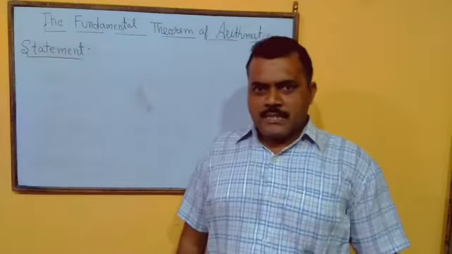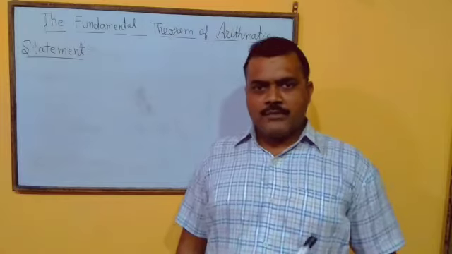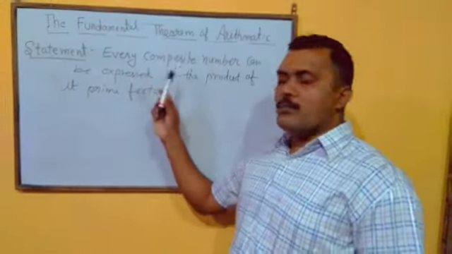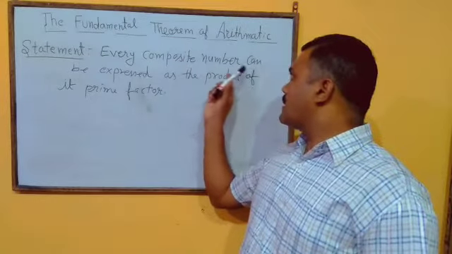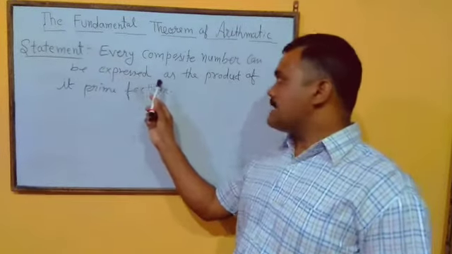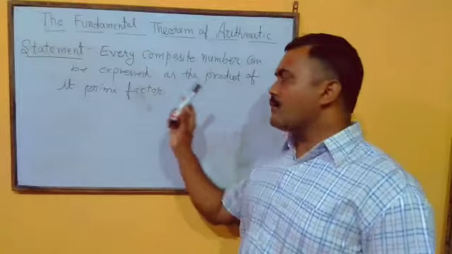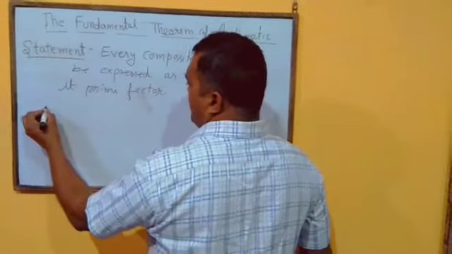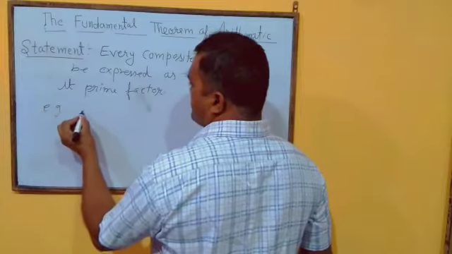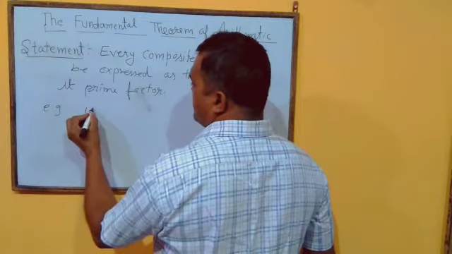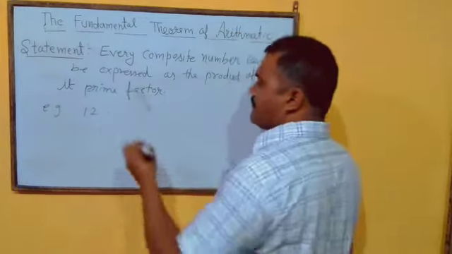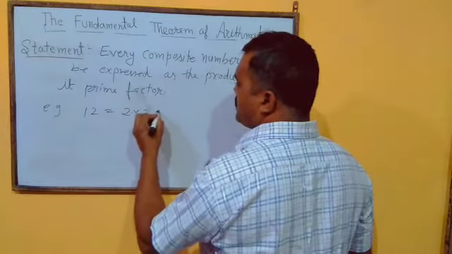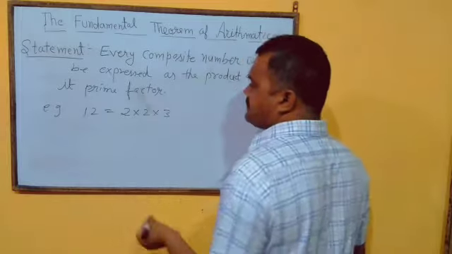Let us come to the statement of the fundamental theorem of arithmetic. Here the statement is: every composite number can be expressed as the product of its prime factors. Is it clear? So here's an example. You are given 12. So 12 can be 2 multiplied by 2 multiplied by 3.